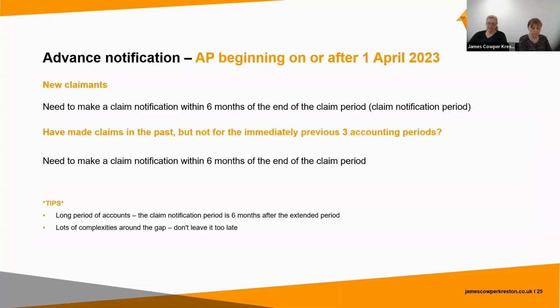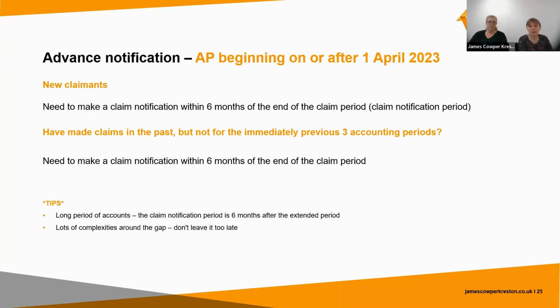Next slide, please. This is something that came in for accounting periods beginning on or after 1st of April 2023. The need in certain circumstances to notify HMRC in advance that you're going to make an R&D tax relief claim. So it's something to watch out for, especially if you're setting up a new company, because you have to notify within 6 months of the accounting period end.